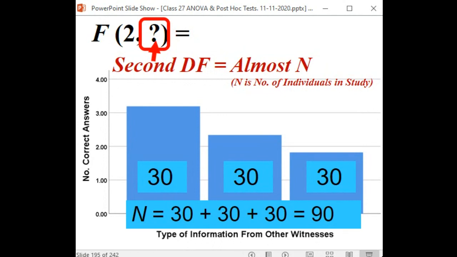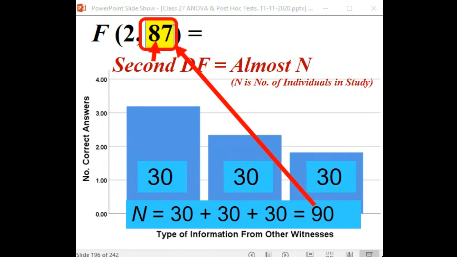So the second degree of freedom must be almost 90. It could be 86, it could be 87, or it could be 88. Who knows? But in fact, the second degree of freedom is 87. But give yourself credit. If you said 86, 87, 88, or 89, those are all excellent estimates, and it shows that you understand how this works.